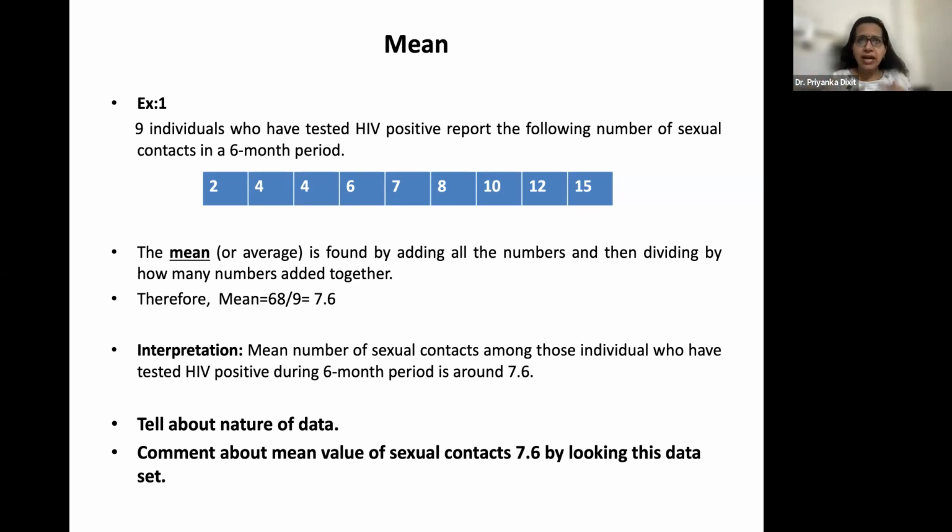So as a statistician, it is my responsibility to give the information of the central part, because the majority of the population's behavior is central. That's why we are going to discuss the measure of central tendency. Is it clear?